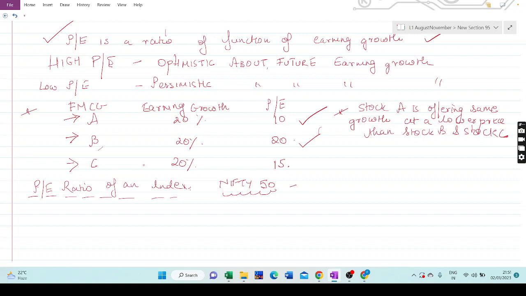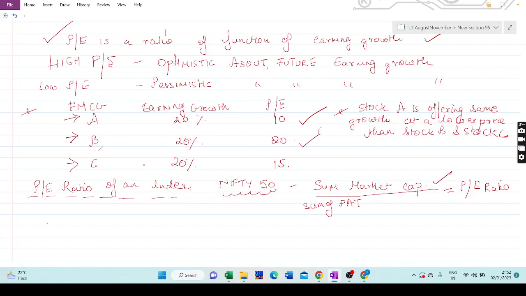Basically, we sum the market cap of all 50 stocks in Nifty and divide it by the sum of PAT, the profit after tax, of all stocks in Nifty 50. Once we do this, we'll get the PE ratio of Nifty.